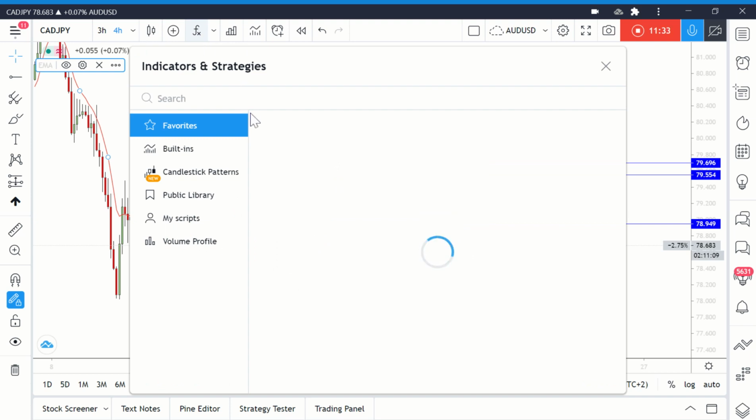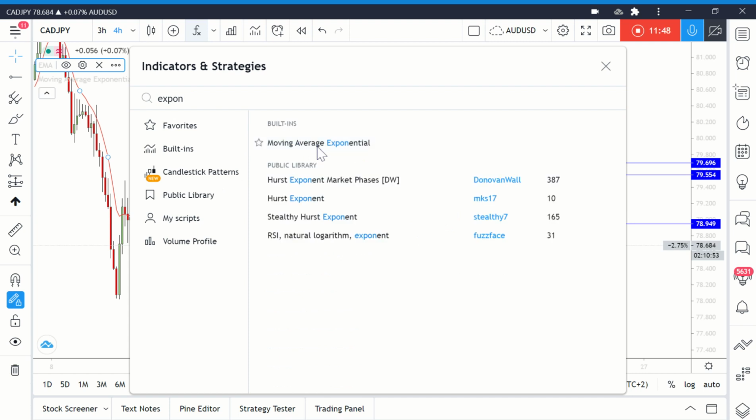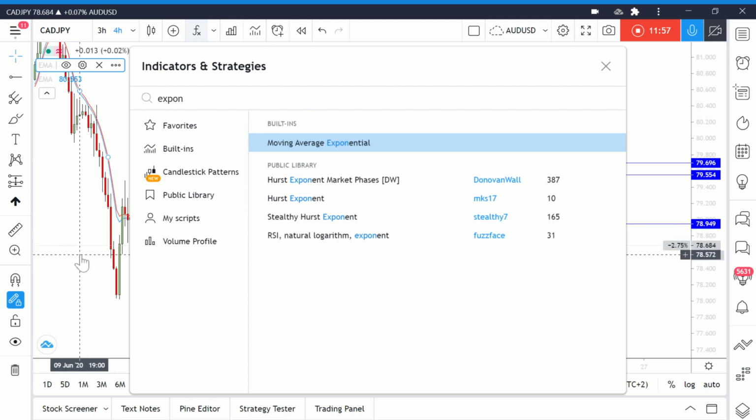Then I'll also go ahead and add a slow EMA. Now, for my slow EMA, I'll make the period 5. So I'll be looking at a 5 EMA as well as a 10 EMA, right? Now I won't get into much detail with regards to how EMAs work.